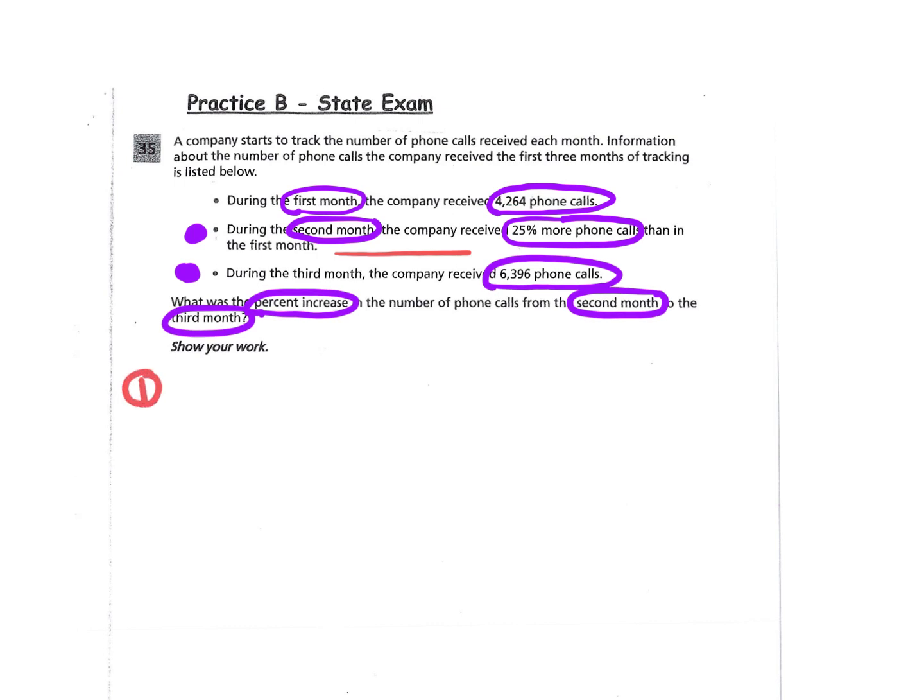Step 1. Well, this represents the first month. We know they received 4,264 calls that first month. That's 100%.